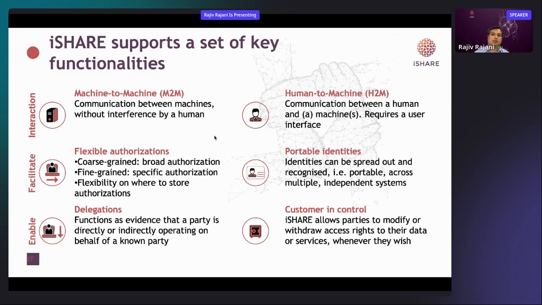And of course, the customer is in control, or basically the data owner or entitled party completely controls what can happen with the data by determining first, who has access to that data, second, whether that party can delegate it further down the line, for example, and how many times it can delegate.